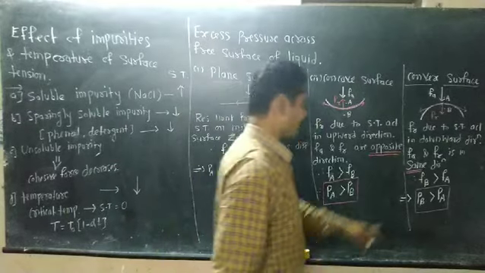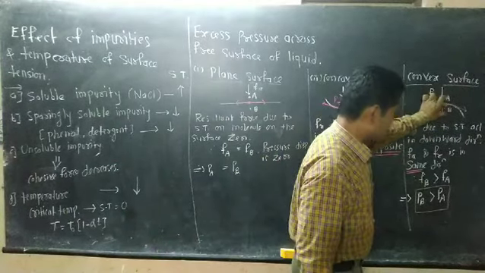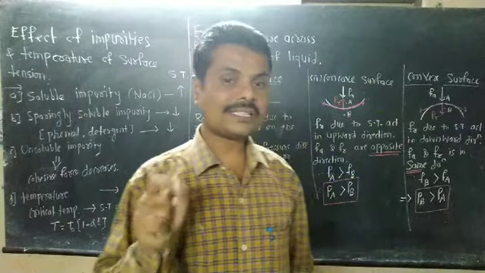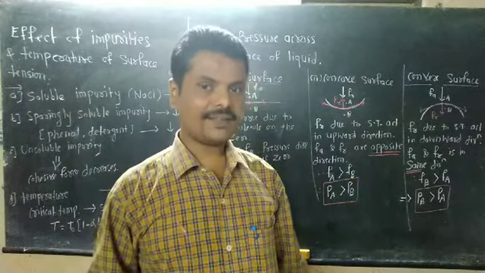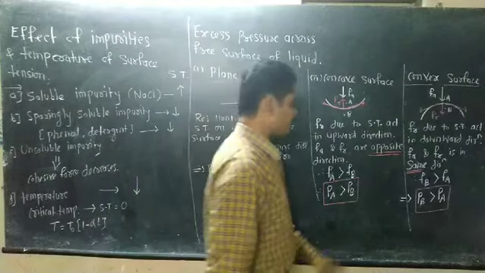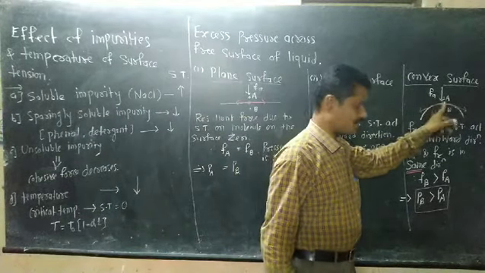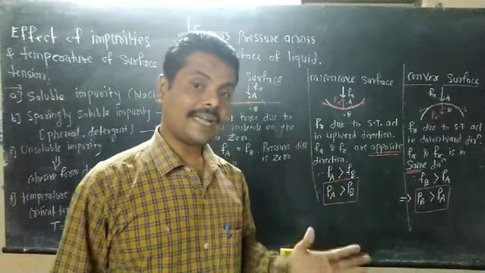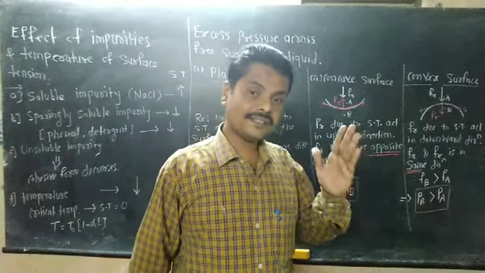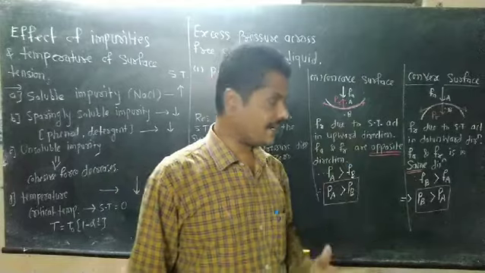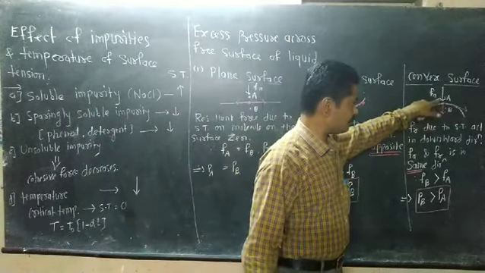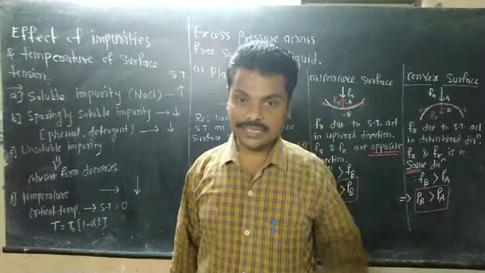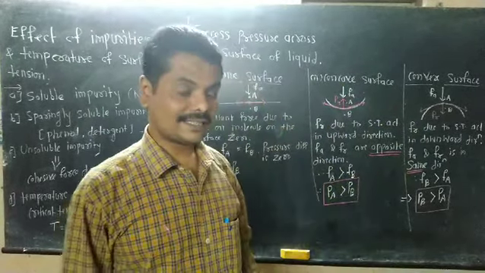So at point B, the force is slightly greater than the force at point A. This implies that the pressure at point B is maximum, or greater as compared to the pressure at point A, and A is the outside point, B is the inside point.